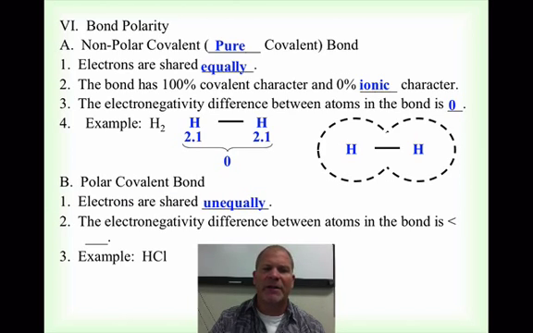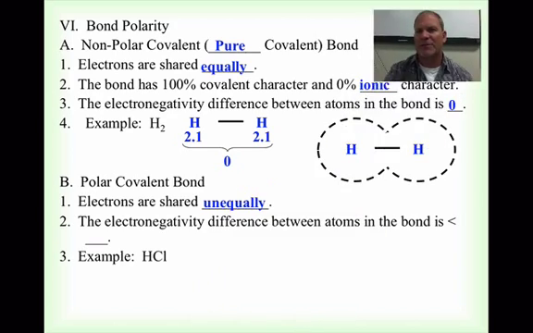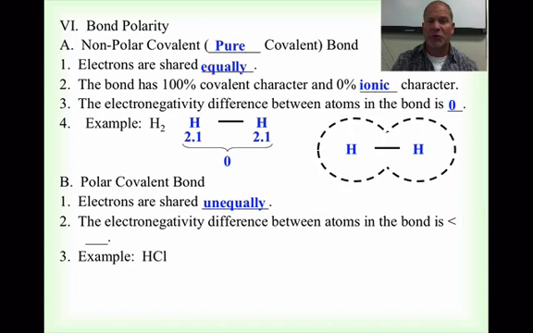Now, once the electronegativities are unequal, the books teach it differently. They'll say maybe a 0.4 up to a 2.0. I really say that once you have any difference in electronegativity, someone's starting to win and someone's starting to lose, because electronegativity means the pull, the want, the attraction.